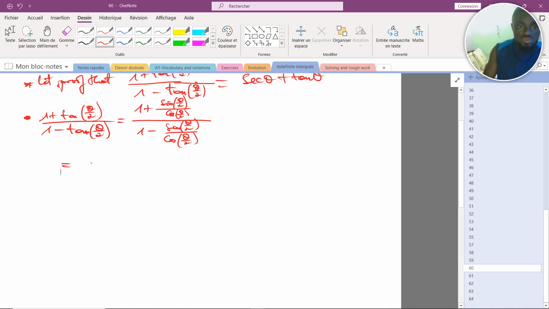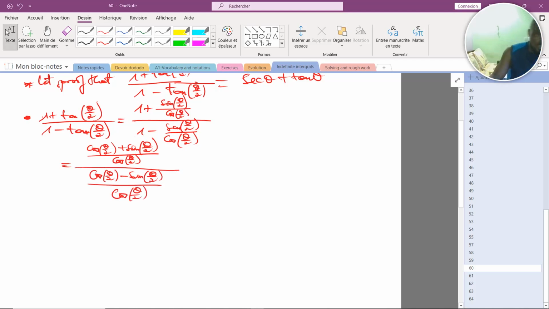When you simplify this, cos theta on 2 plus sine theta on 2 all over cos theta on 2, all over cos theta on 2 minus sine theta on 2 all over cos theta on 2.